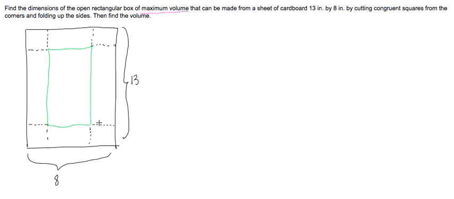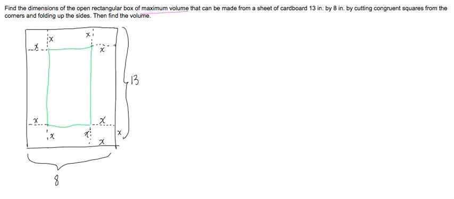I think it would be easier to let the length of each side of the squares that you cut out be your variable. So if we call that x, well, these are all 4 squares, so that's also x. That's x. That's x, and that's true on all 4 corners. All of those little distances are x.